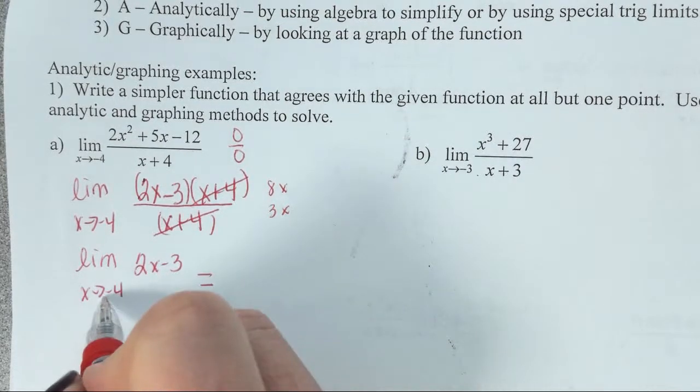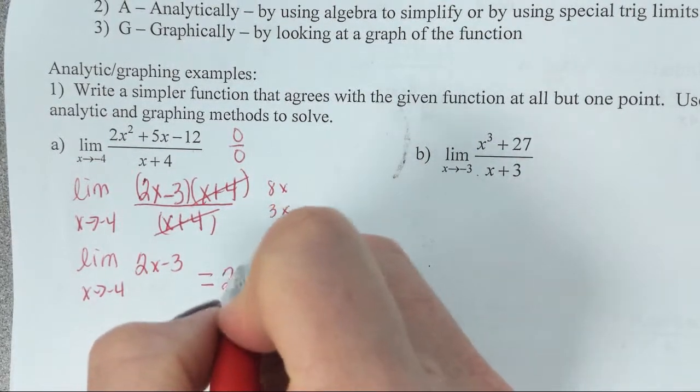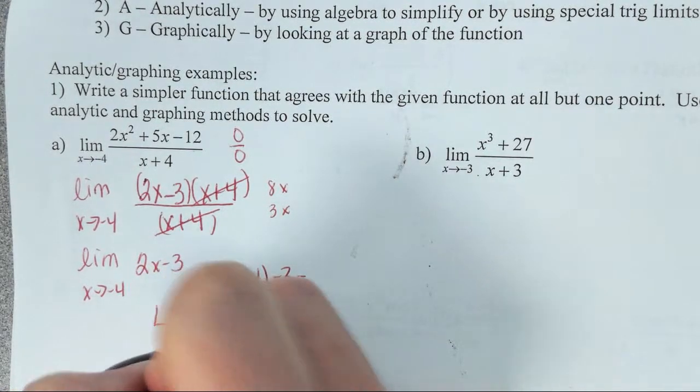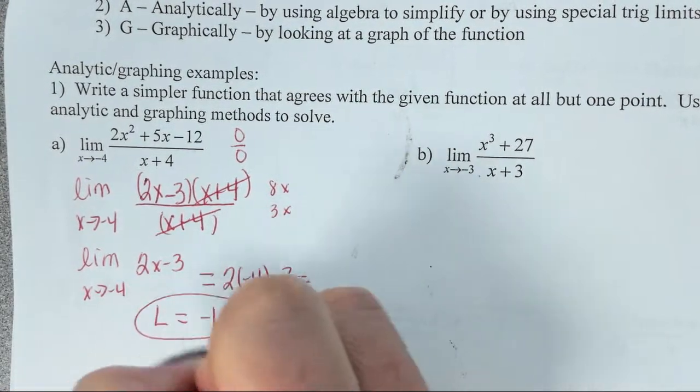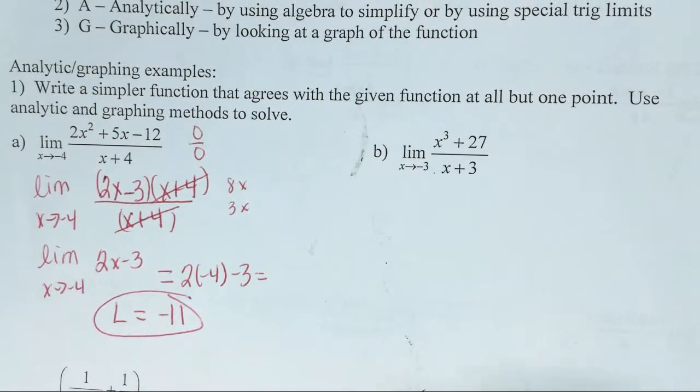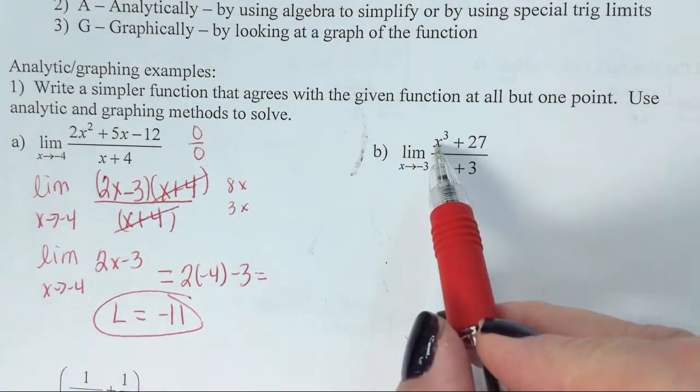So to find the limit, we plug in -4. It's going to be 2 times -4 minus 3, and so the limit is going to be -11. I could have done that graphically too. I could have looked at my graphing calculator, and I could have seen that that is the y value that we are approaching.